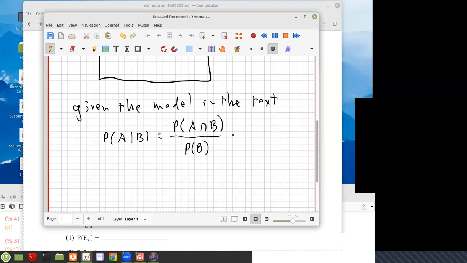Now if we wrote out our classical probability definitions, this would be the number in the intersection divided by the sample space size, over the number in B divided by the sample space size. I wrote that as a union when it should have been intersection.